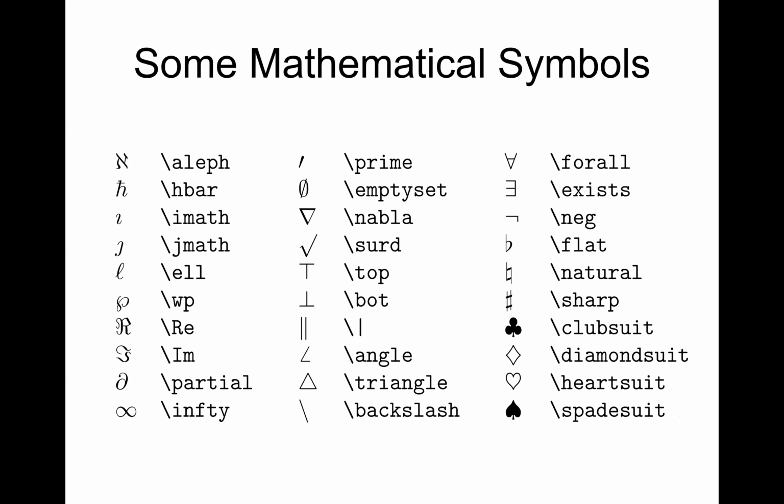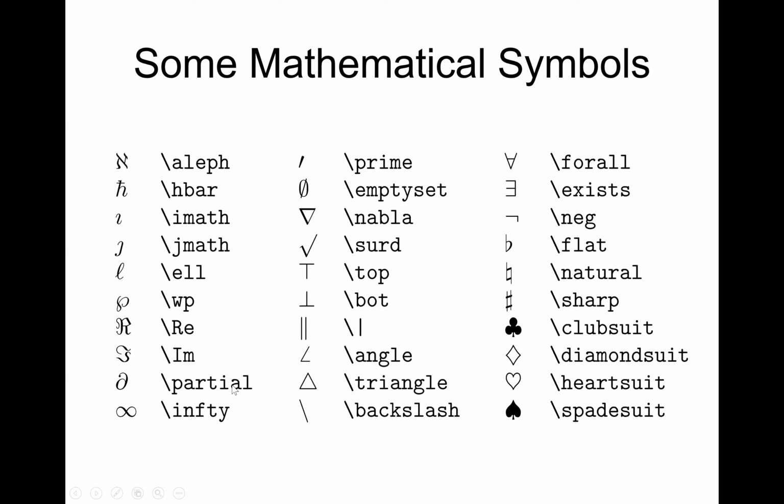These are some of the mathematical symbols and their commands. If you want to type alpha, this is that, and then you have h bar that looks like this. These are the common ones that we know.